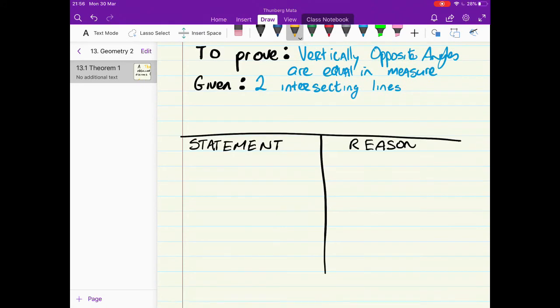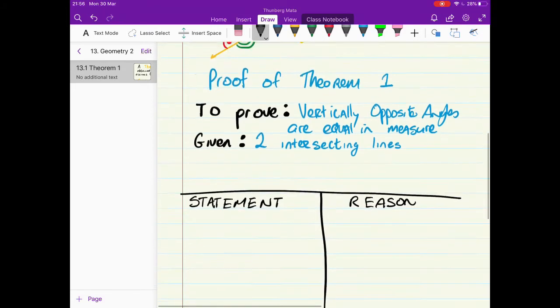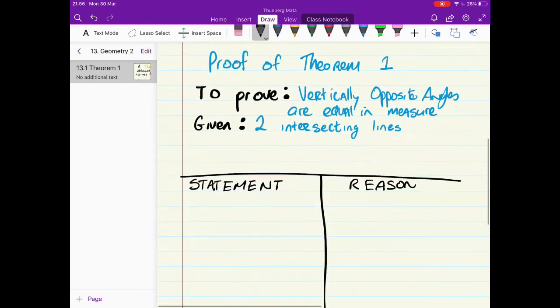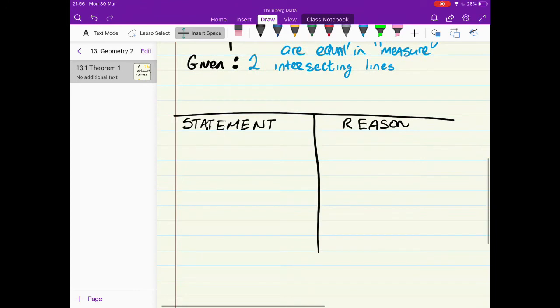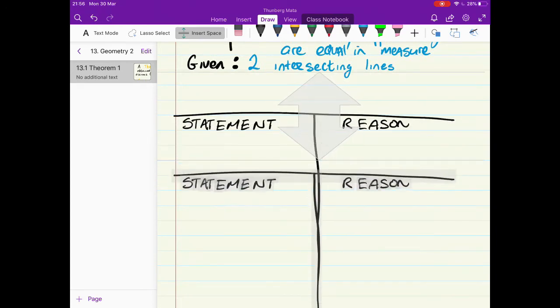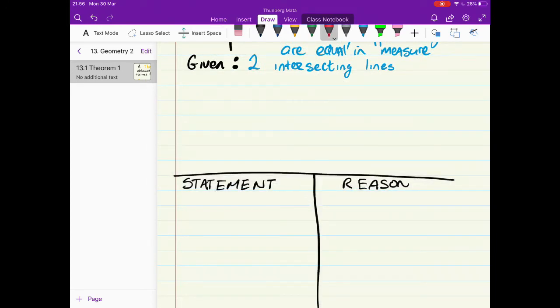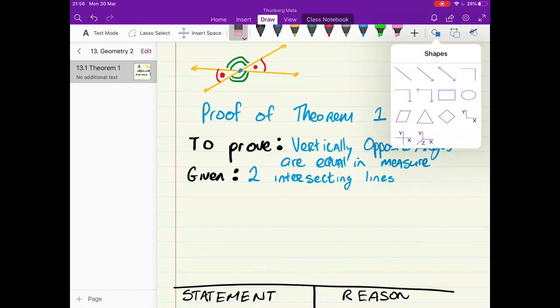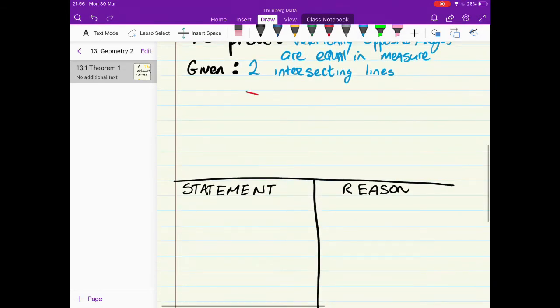Now, this is called the split page method. So I'm going to make a statement on the left-hand side of the page and then state the reason that it's true. First off, I have to give myself a little bit more space and include a diagram, which I forgot to do. So here's my diagram that I'm going to use for this.